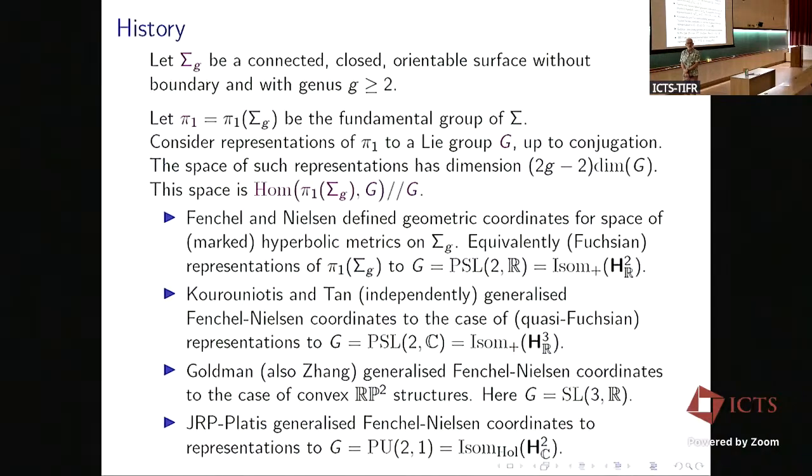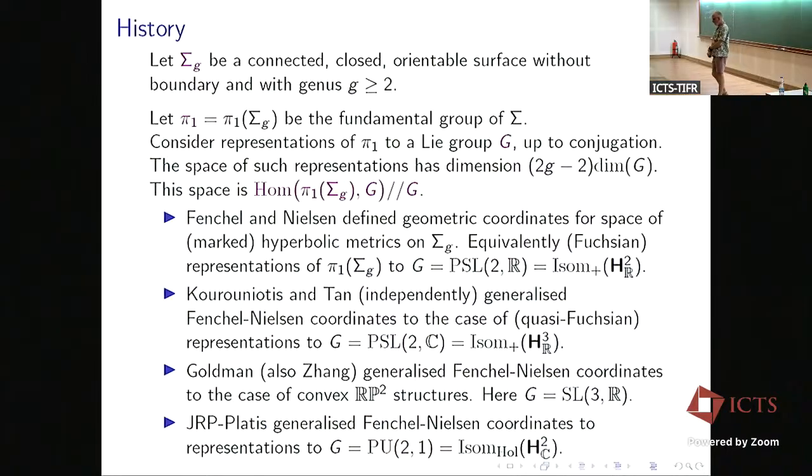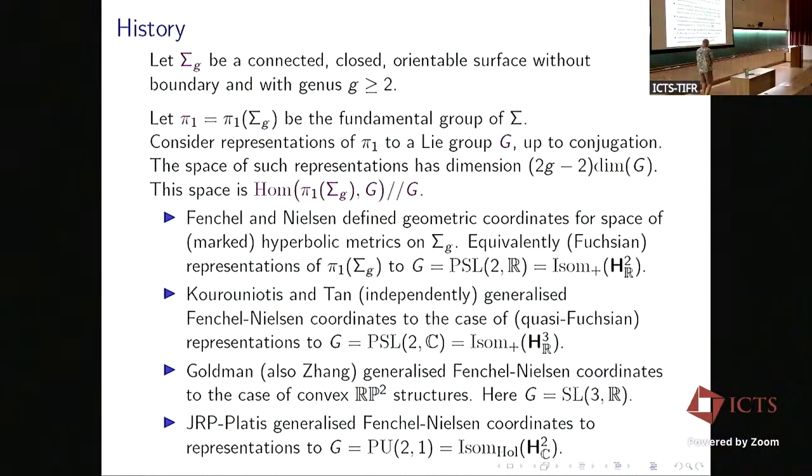So we have a situation where we have a beautiful geometrical construction in 4 different contexts. And if you were living in, let's say, the convex real projective world, and you try to move to the complex hyperbolic world, or even the quasi-Fuchsian world, it would be a little bit tricky to do so, because though the ideas are all the same, they have branched off.